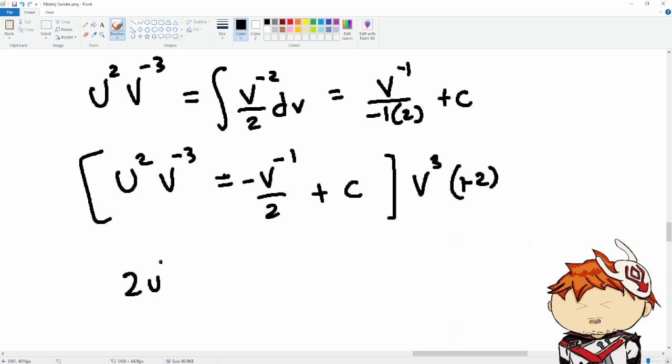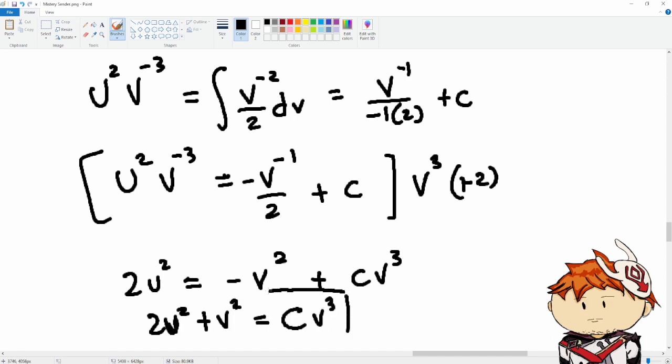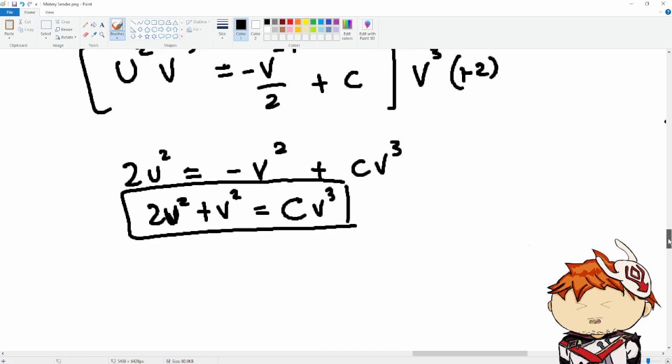So this will become 2u squared is equal to -v squared plus cv cubed. Transpose it to the opposite side: 2u squared plus v squared is equal to cv cubed. Okay, this is now our general solution, 2u squared plus v squared over v cubed is equal to c.